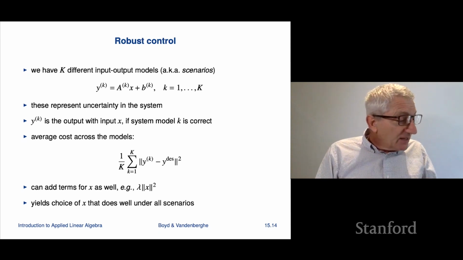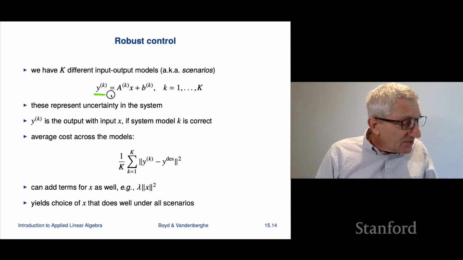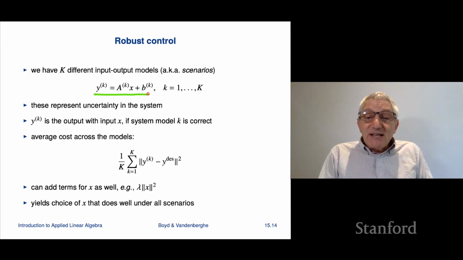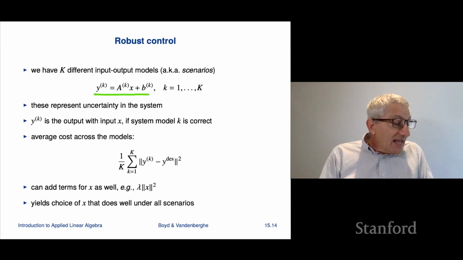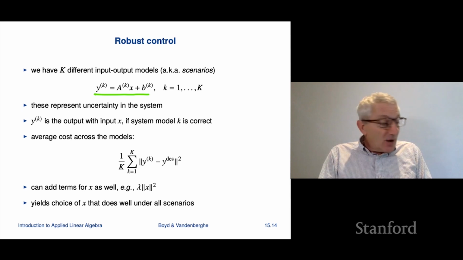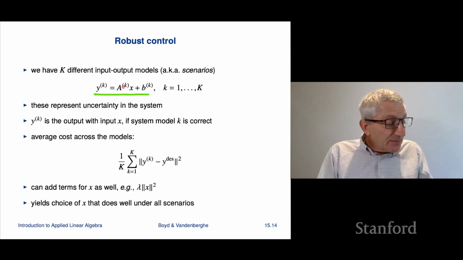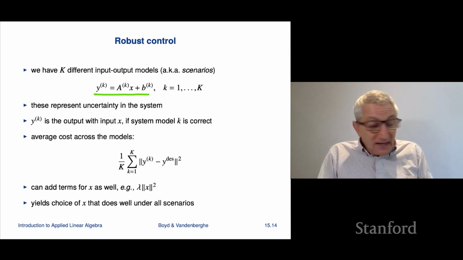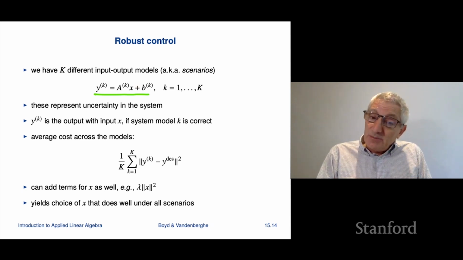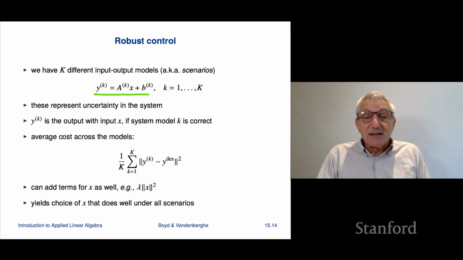Okay, so here is a very common way, and it's actually quite effective. We're going to have k different input-output models, denoted with the superscript here, superscript 1 and so on. These are sometimes called scenarios, or sometimes regimes. In finance you would hear people ask which regime we are operating in, or which scenario we are operating in.